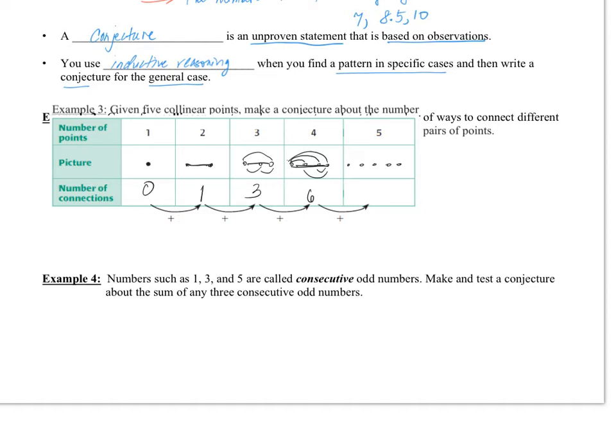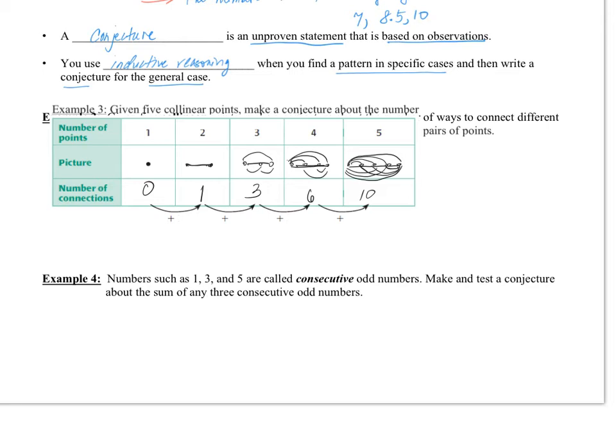And the last one, 1, 2, 3, 4, 5, 6, 7, 8, 9, 10.